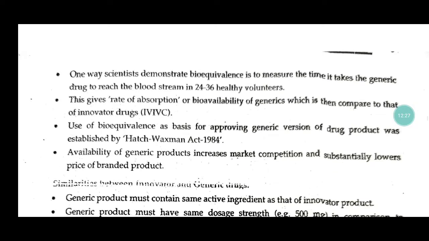So one way scientists demonstrate bioequivalence is to measure the time it takes for the generic drug to reach the bloodstream in 20 to 36 healthy volunteers, where the rate of absorption or the bioavailability for these generics is compared to the innovator drug, and the use of bioequivalence on the basis of generic versions was established by the Hatch-Waxman Act 1984.